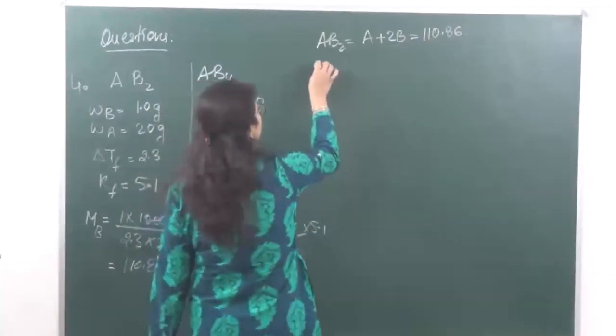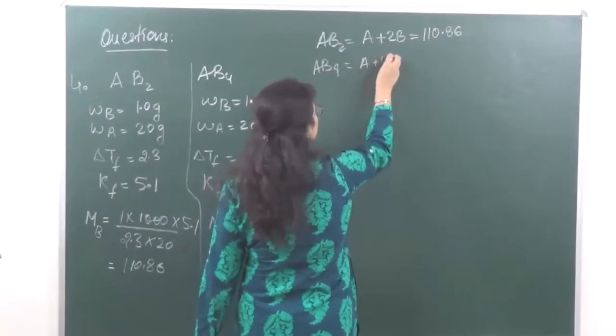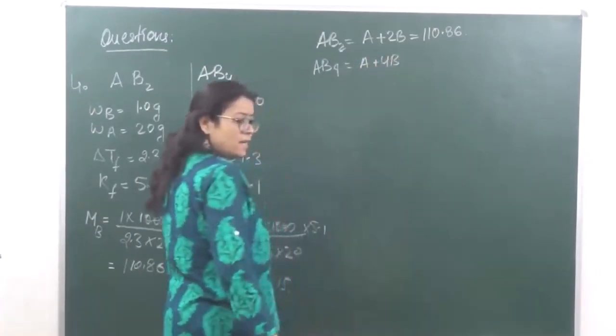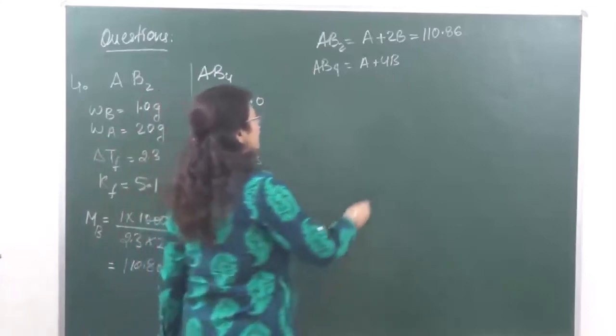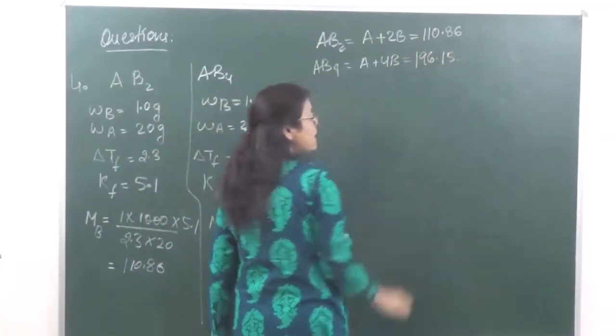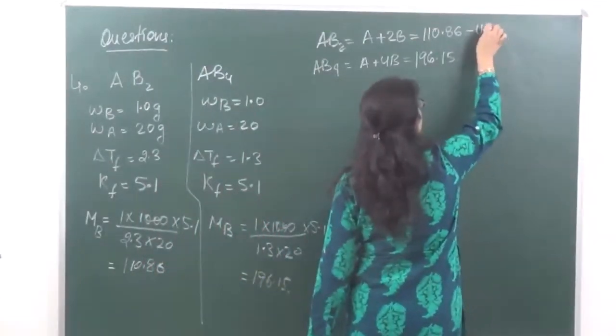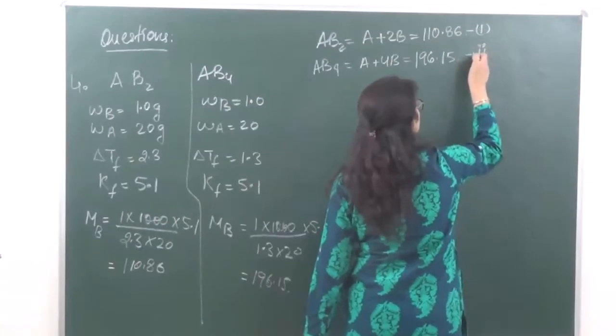And AB4, A plus 4B, is coming to what? 196.15. Let's say this is equation 1 and this is equation 2.